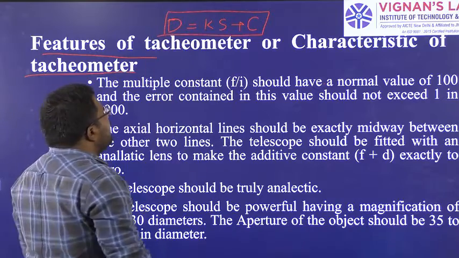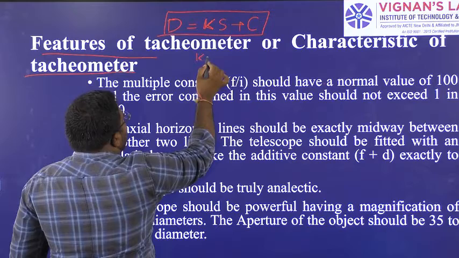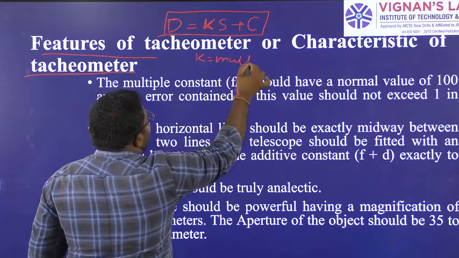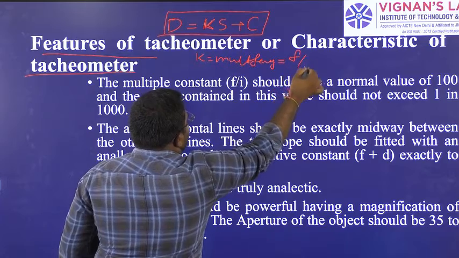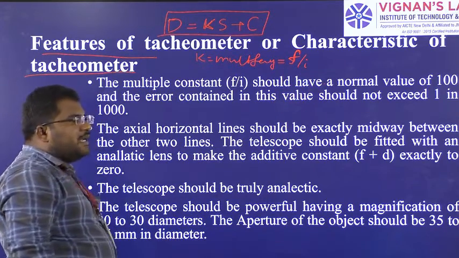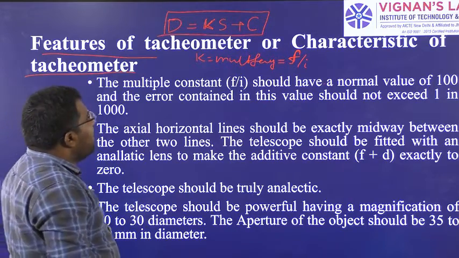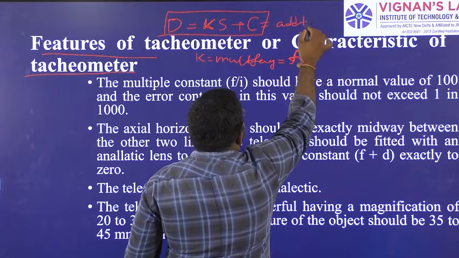Here D is the distance, K is called the multiplying constant, which equals f/i, where f is the focal length of the lens and i is the intercept, and C is called the additive constant.